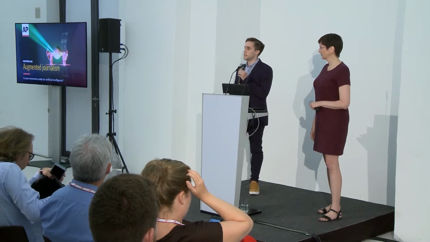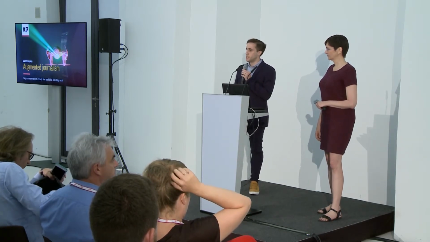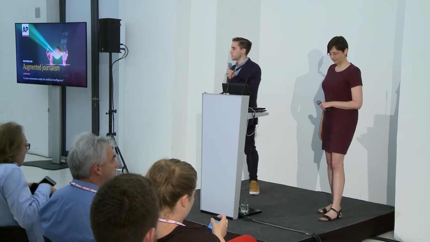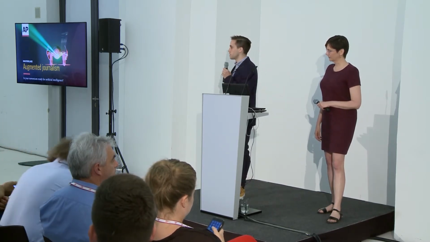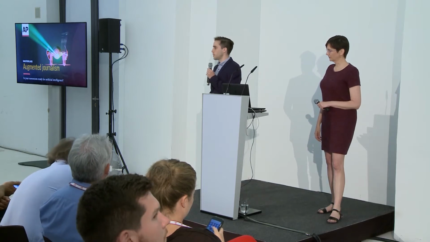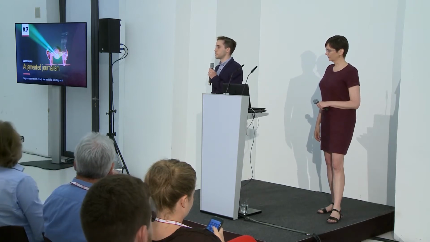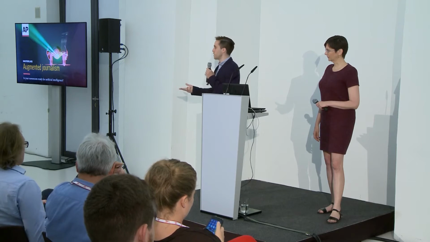Then we'll guide you through a case study of how AP has implemented some of these systems within our newsroom. The goal of this masterclass is to be very practical, and then we'll open up for questions at the end, so we can have an open discussion.